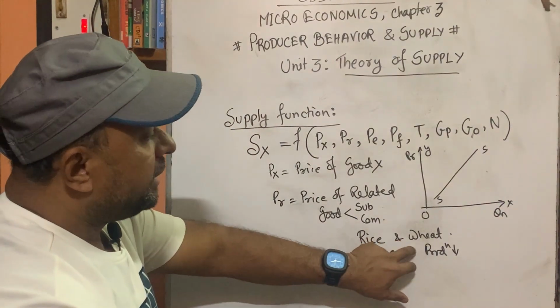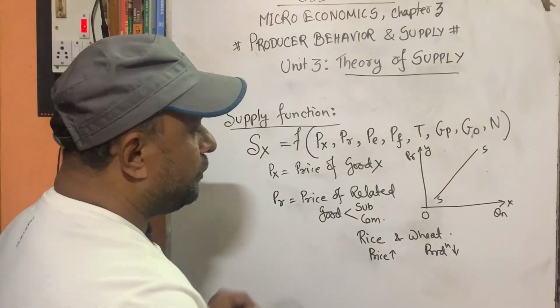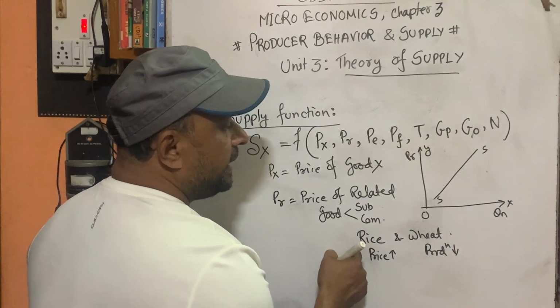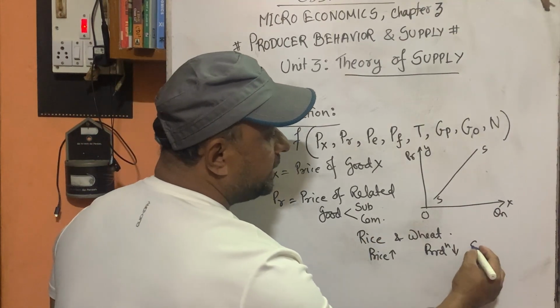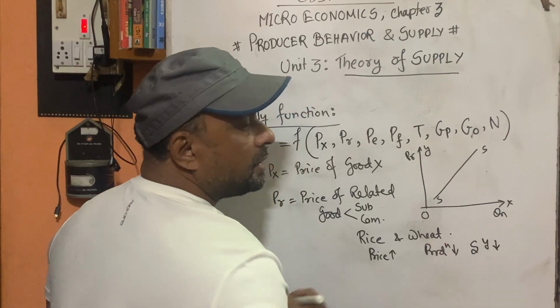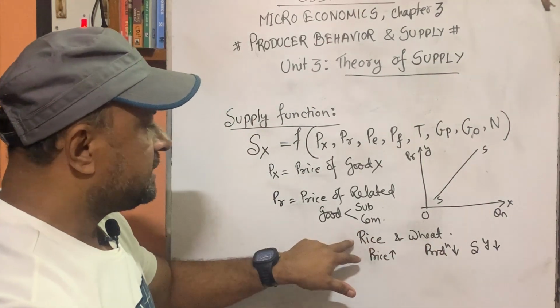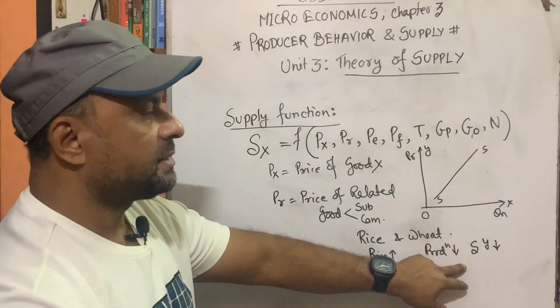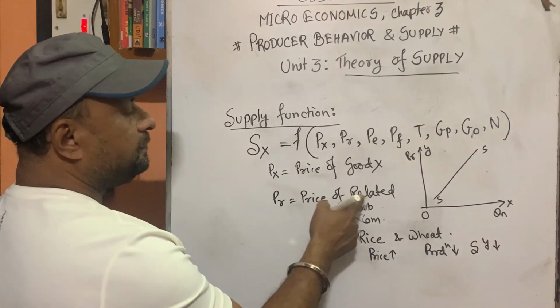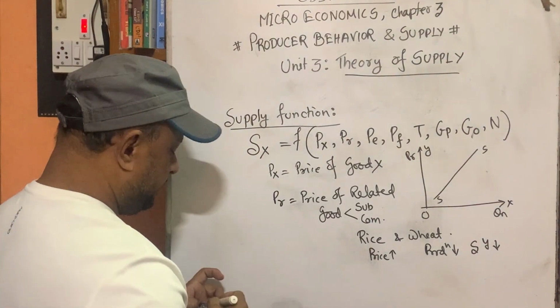So when the price of rice increases, the supply of its substitute good, wheat, will reduce. So the price of one good affects the supply of another good. This is the effect of the price of the related good.